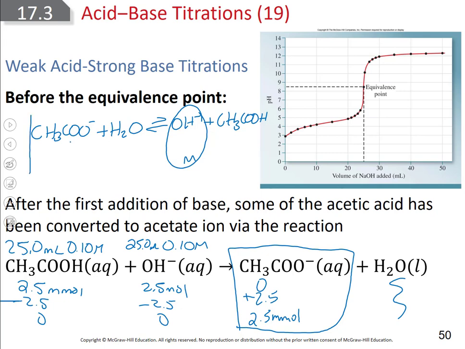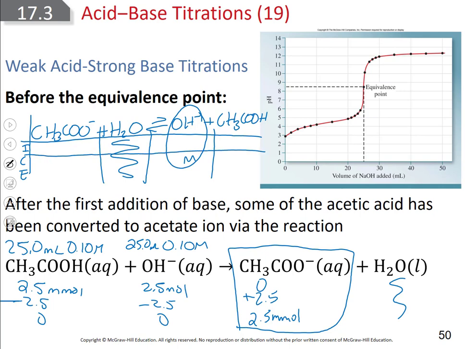So we do an ice table. When we do an ice table, are these going to be in millimoles or molarity? Molarity. Do we have molarity of our acetate ion?